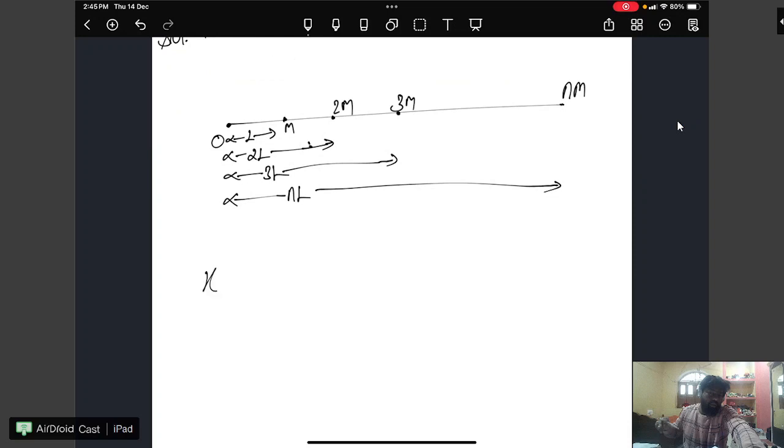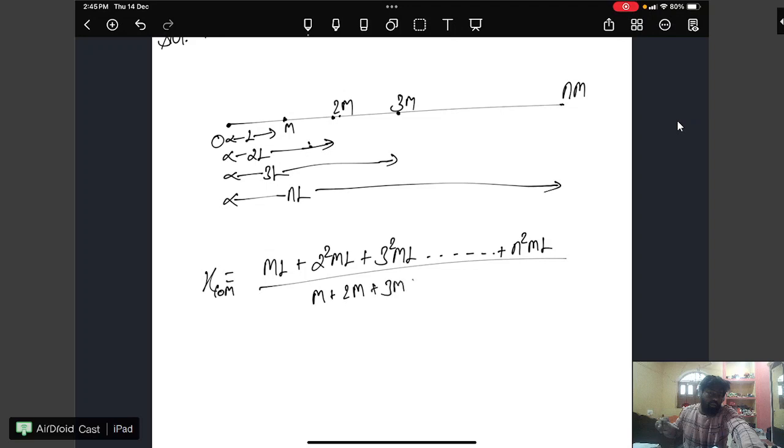The position of center of mass will be M into L plus 2M into 2L, so 2 square ML, plus 3M into 3L, 3 square ML, and so on up to N square ML, divided by M plus 2M plus 3M, the sum of the masses, and so on up to NM.